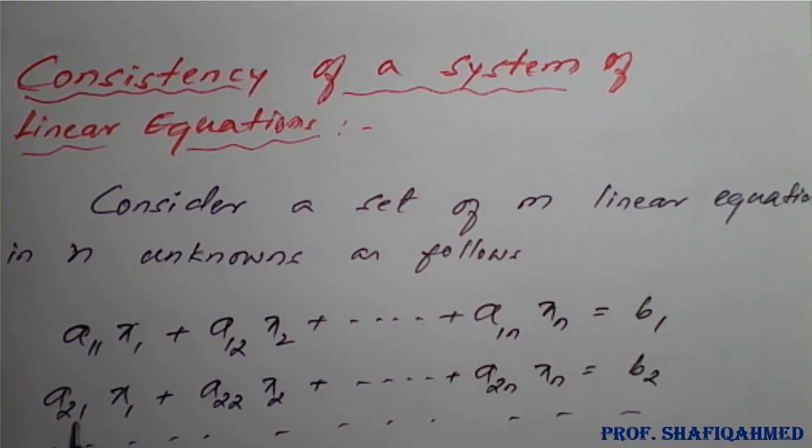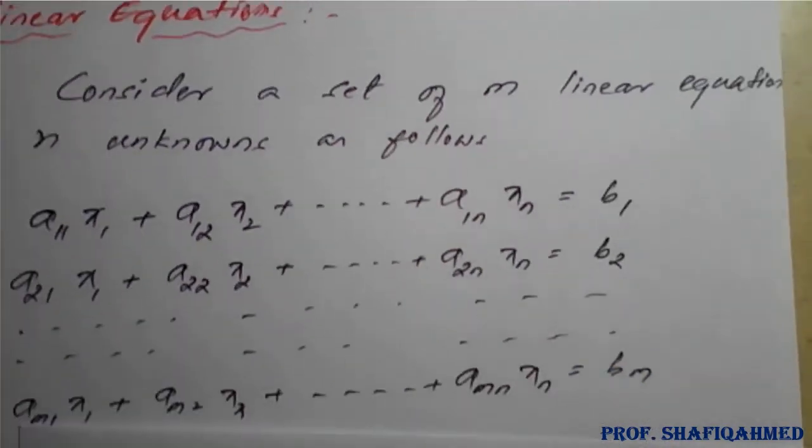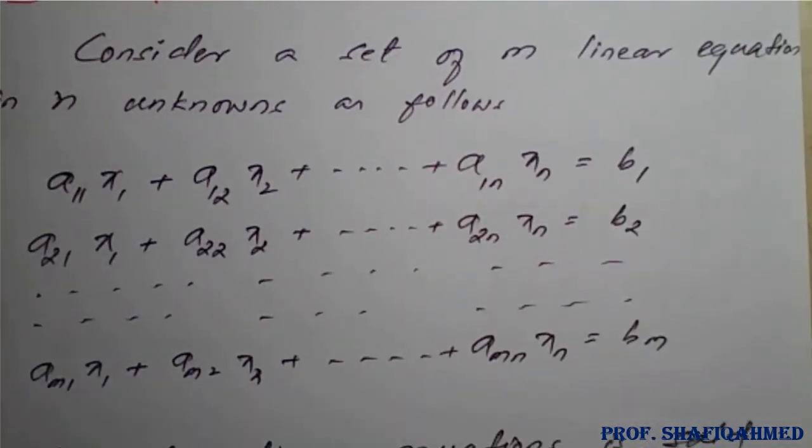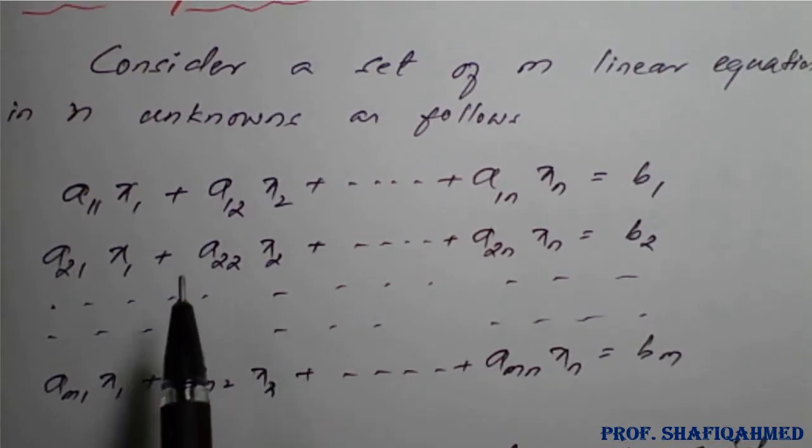The second equation is a21 x1 plus a22 x2 plus so on plus a2n xn is equal to b2. And so on, am1 x1 plus am2 x2 plus so on plus amn xn is equal to bm. So these are a system of m linear equations in n unknowns.